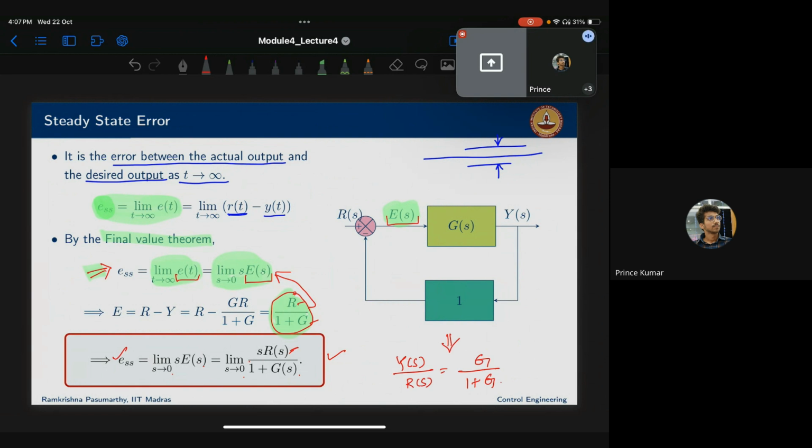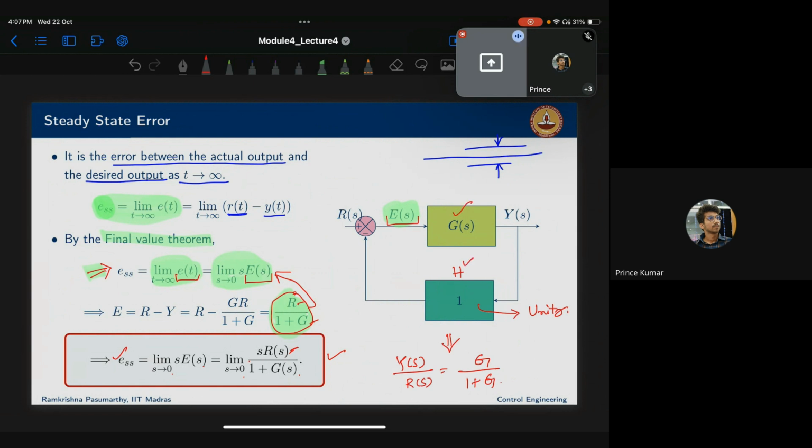Here this is unity feedback, but feedback need not be unity. It can have another value also. In general, that is H. So G and H will have different terms.